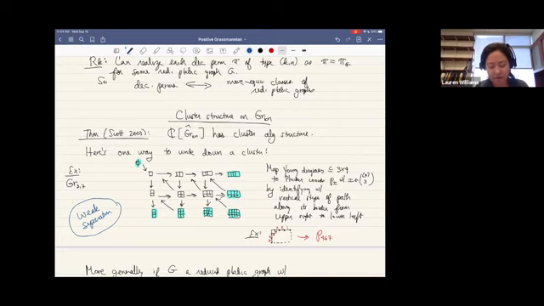Weak separation is a good notion for understanding compatibility of cluster variables, and it's the appropriate generalization of triangulations of an n-gon to this bigger setting.